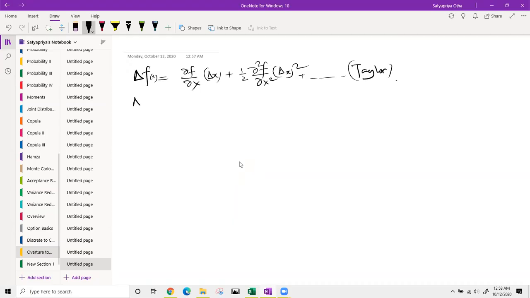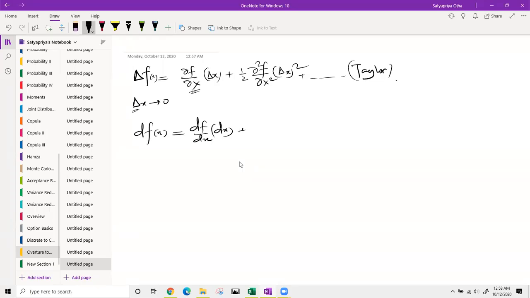When delta x is sufficiently small, I can replace delta with d. Since this is one variable, I'm using df by dx. If f were a multivariate function, I would use partial derivatives, but for now this is an ordinary derivative.